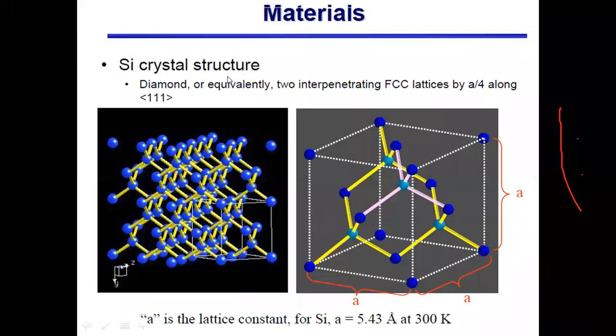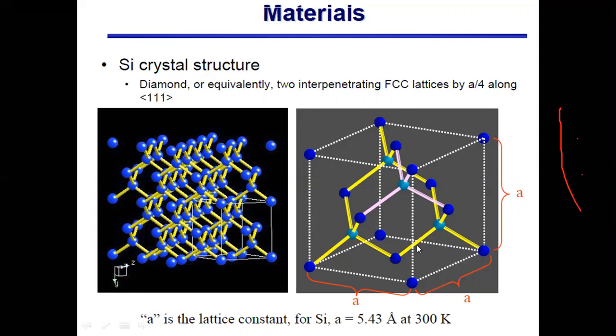Silicon crystal structure is diamond, or equivalently two interpenetrating FCC space-centered cubic lattices offset by a by 4 along the diagonal. This is the crystal structure of silicon material.